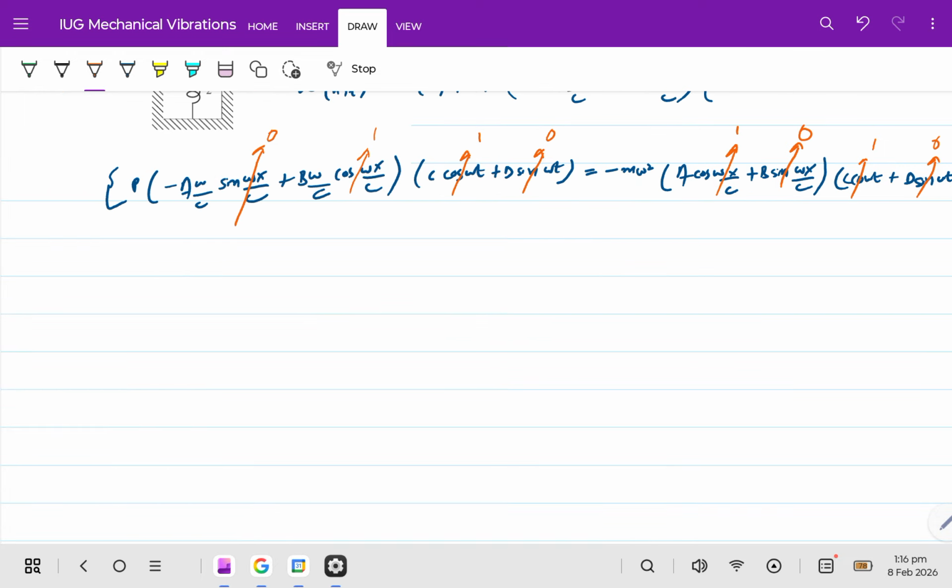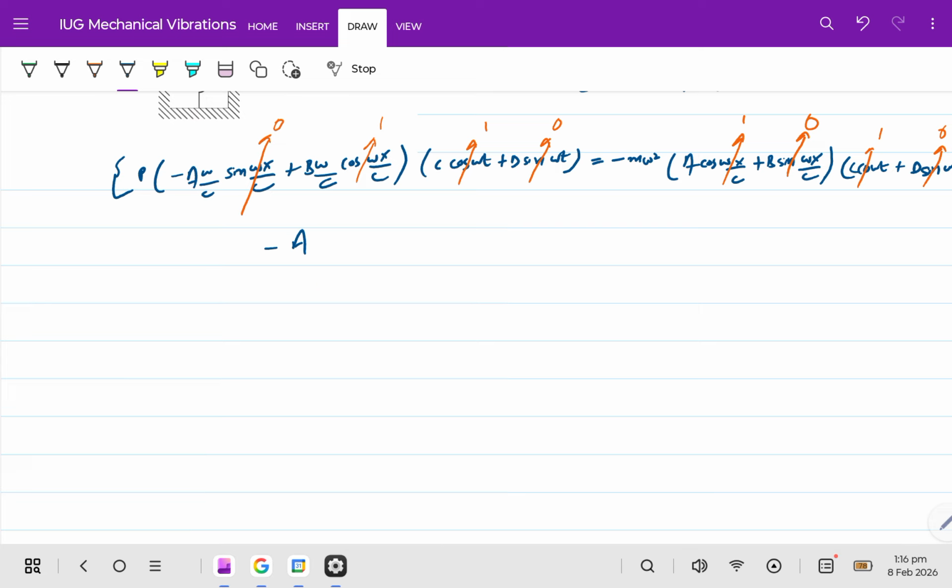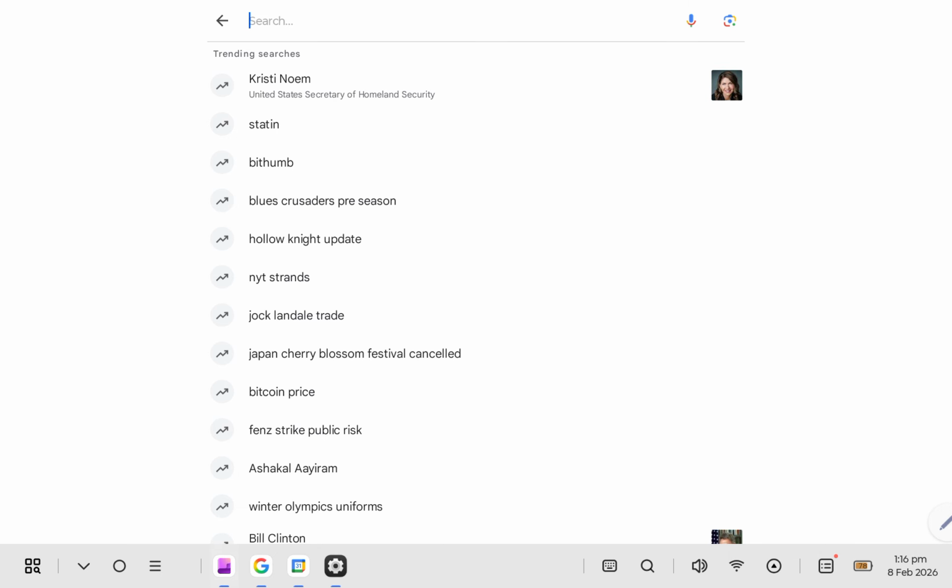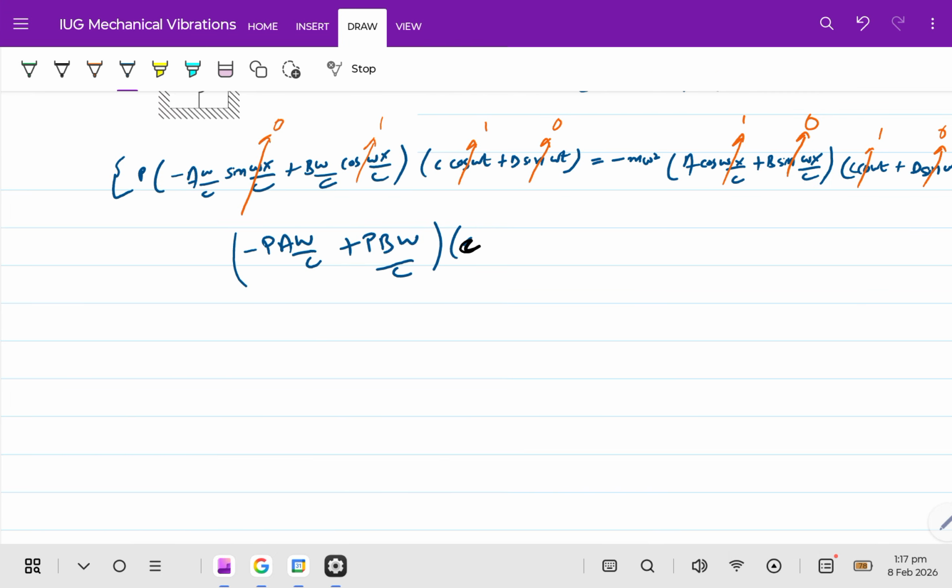Now if you rewrite all of this expression, you will end up getting minus p a omega over c plus p b omega over c, into the c that we have here.